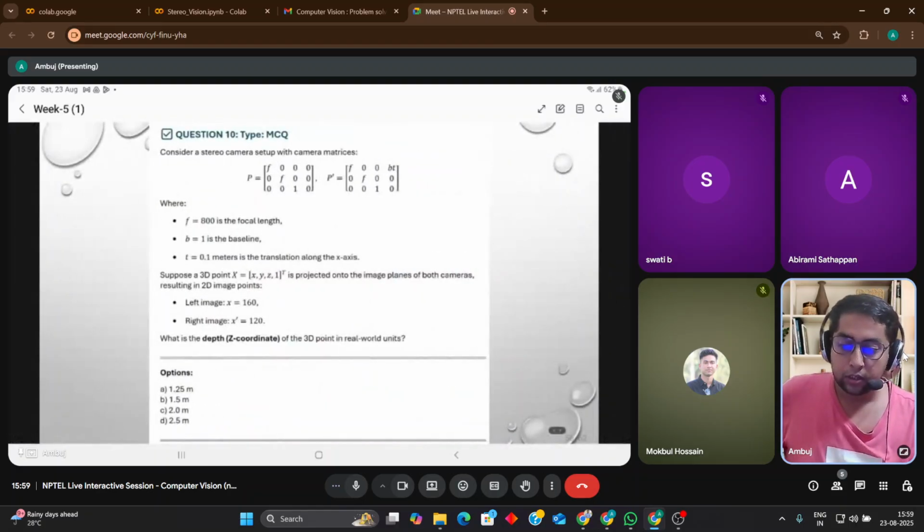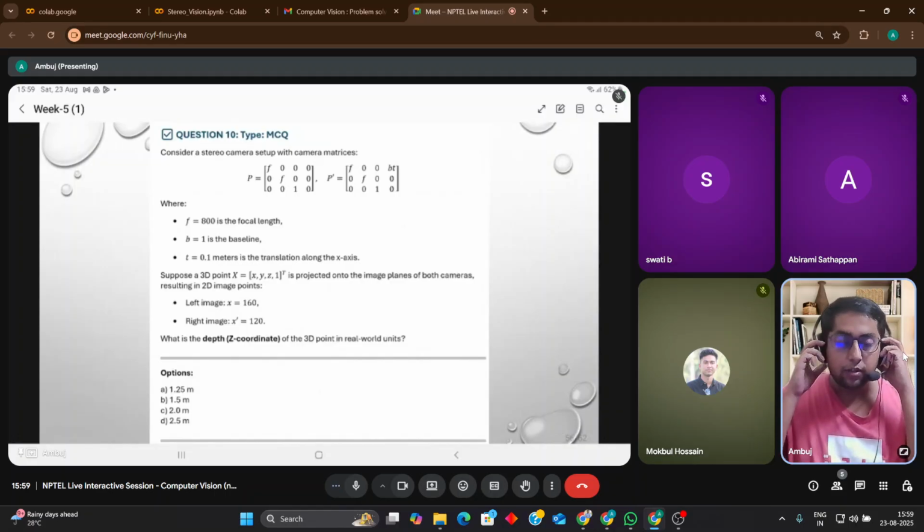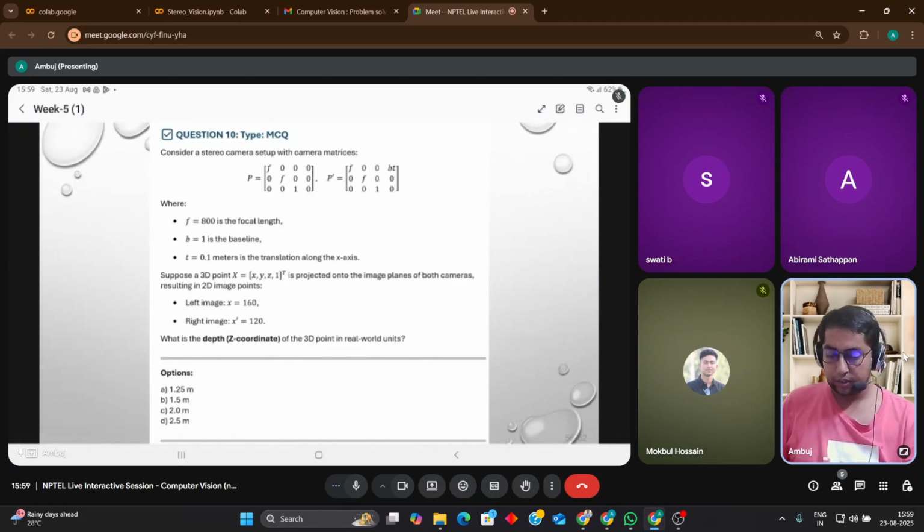Next, try to just jot down this particular MCQ. It is relating to the same concept. You just have to compute the depth coordinate, which is the z coordinate. Try to jot down both the matrices P, P dash, F, B, T. Everything has been given to you. Just have to compute the values.